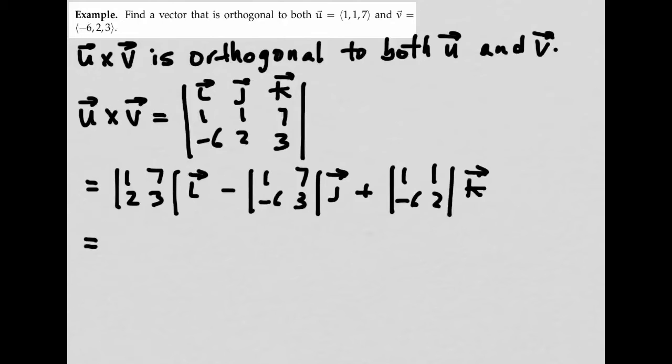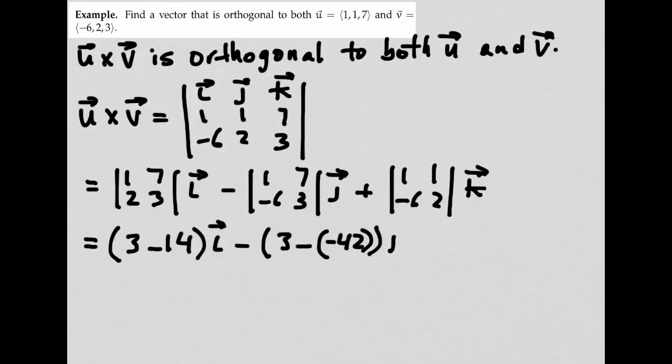The determinant 1, 7, 2, 3 is given by 1 times 3, which is 3, minus 7 times 2, which is 14, minus the 2 by 2 determinant, which is 1 times 3, that's 3, minus 7 times 6, which is negative 42, times the vector j, plus the third determinant, which is 1 times 2, that's 2, minus 1 times negative 6, which is negative 6, all multiplied by the vector k.